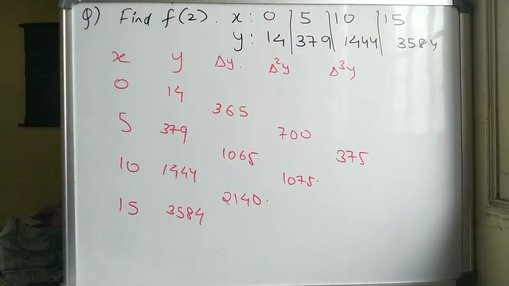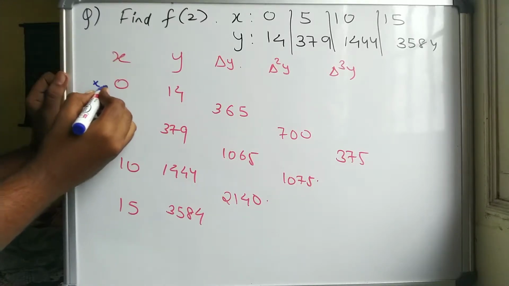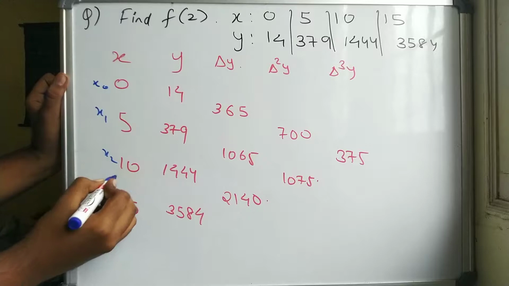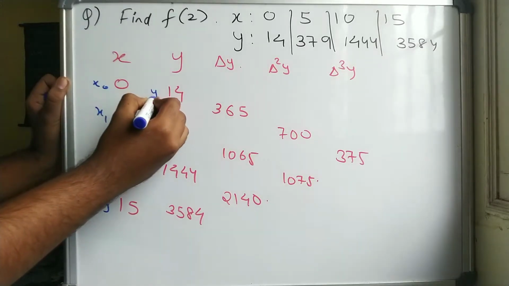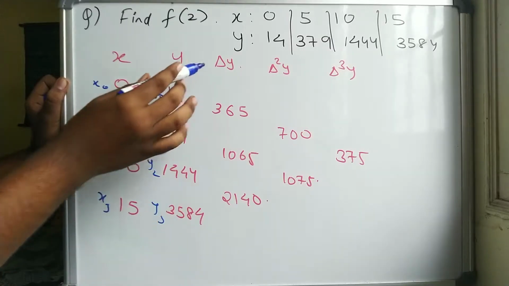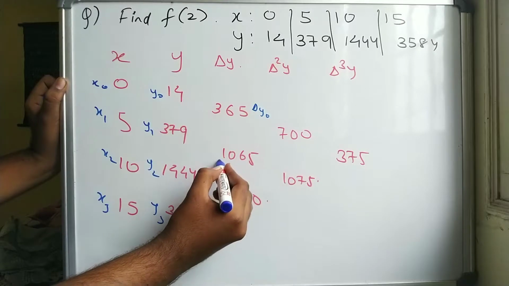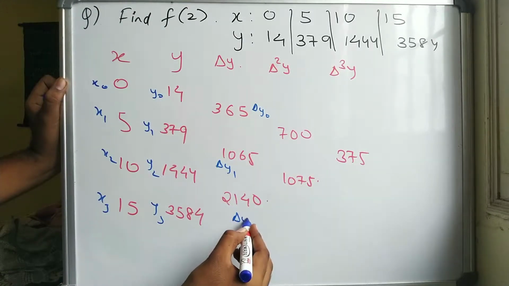Here you need to understand that the x values given are the first term x0, x1, x2, x3, and y0, y1, y2, y3. Then delta y0, delta y1, delta y2.